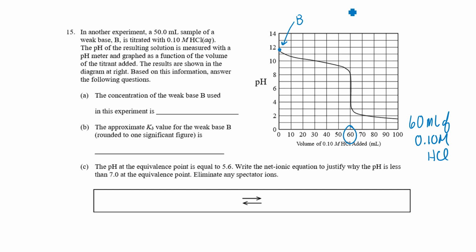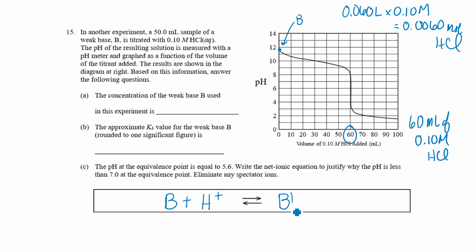So molarity, that's 0.06 liters times 0.1 molar, so that's 0.006 moles of HCl. And they react in a 1-to-1 ratio. Here's the net ionic equation of what's happening when a weak base combines with a strong acid.